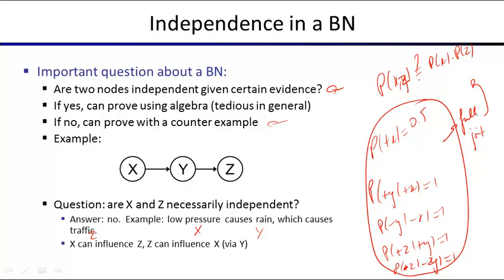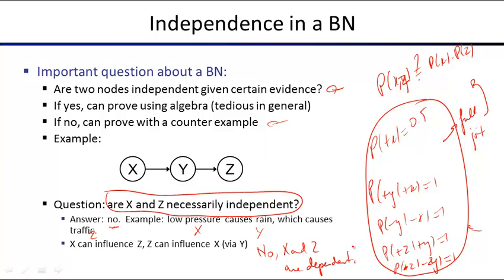We said, are x and z necessarily independent? And we said no, because I came up with a counterexample showing that they're not independent. Why did I not say something to the extent of, no, x and z are dependent?